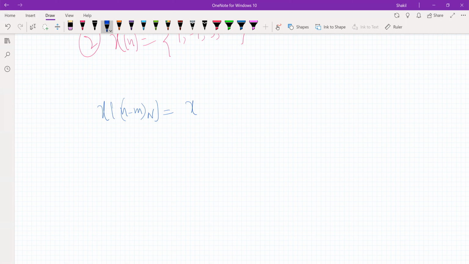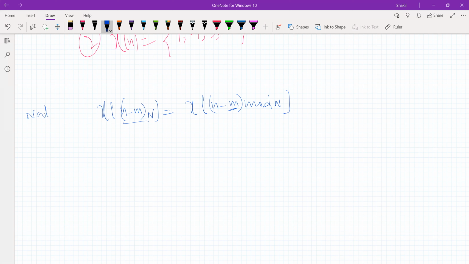This is read like this: the circular shift of x of n by m sample points, modulo n. This is read as x of n minus m modulo n, and m is the shift. This is how we read this operation.